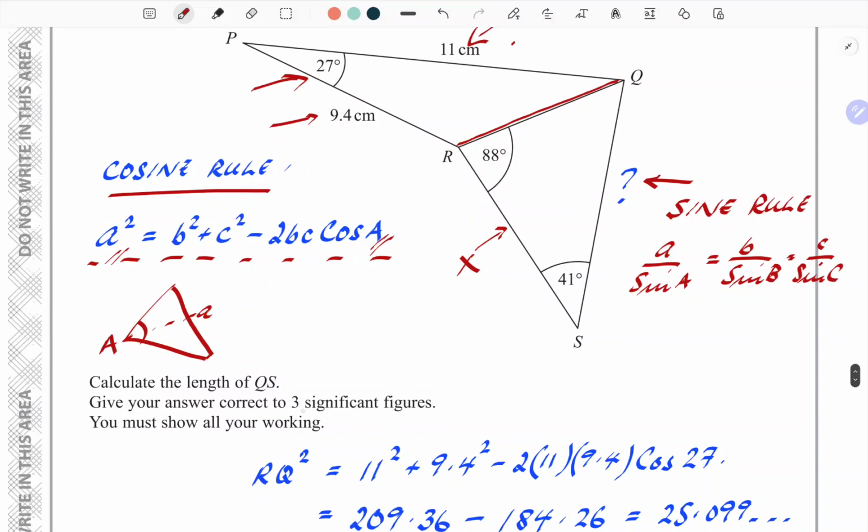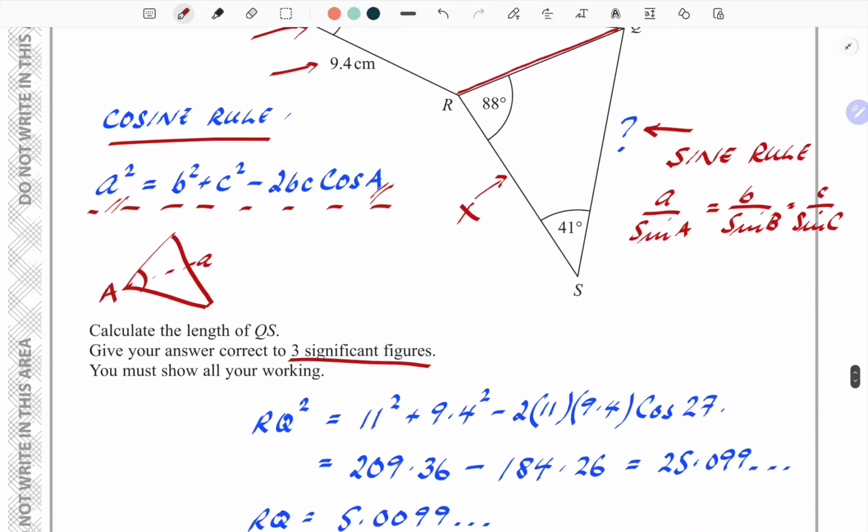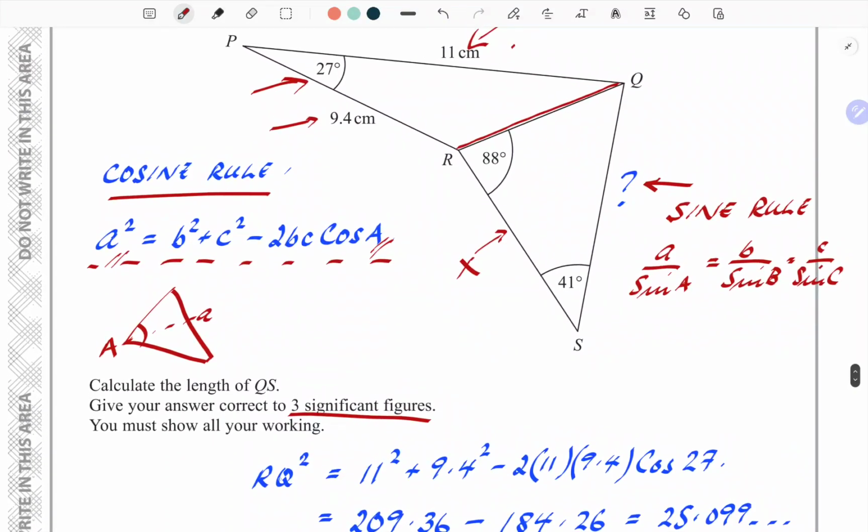They want our answer in 3 significant figures at the end. I'm putting the values into the cosine rule. This is my angle A, so that's going to be my side a. And 11 and 9.4 represent my b and my c.